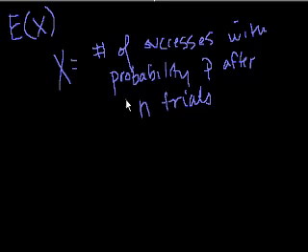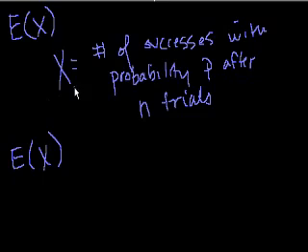So I'm being a little bit general here. I could have said, the number of successful heads which have a probability of 0.5 after 10 flips. That's the same thing as this. I'm just being a little bit more general here. And now we'll actually figure out what the expected value of this is.